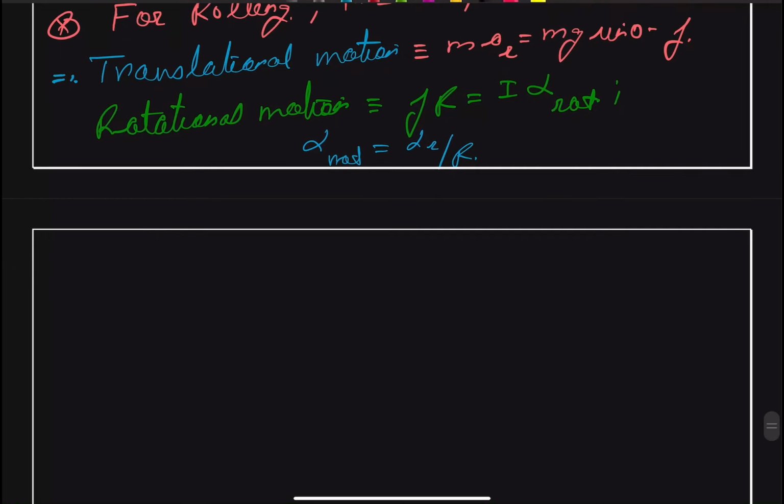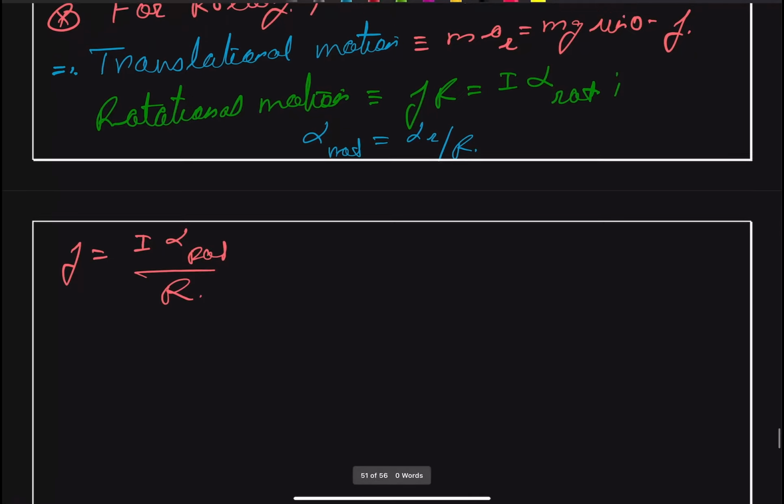So we can say that F will be equal to I alpha rotational divided by R, and we substitute it into the translational equation.